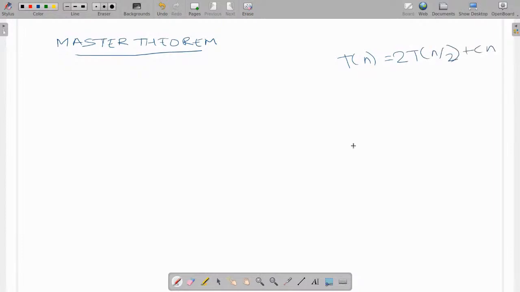If I'm getting a recurrence relation like this, what is the time complexity? What is the big O of the function? What function should we write here? This becomes a grave issue because we do not know about it. So master theorem comes into play right here.